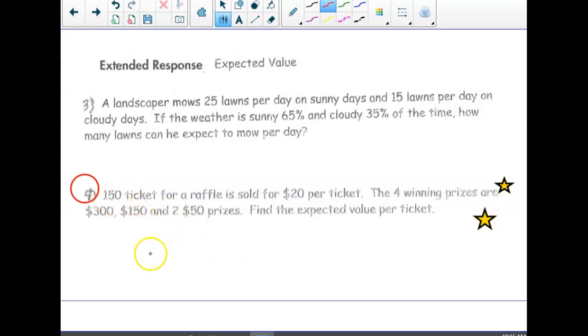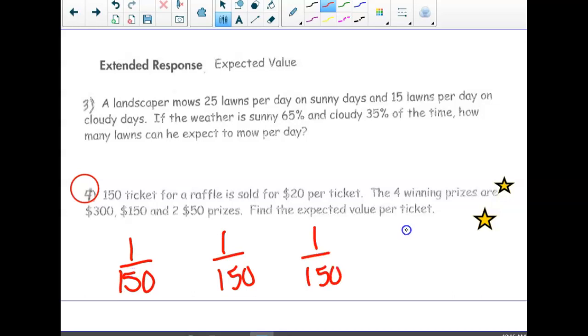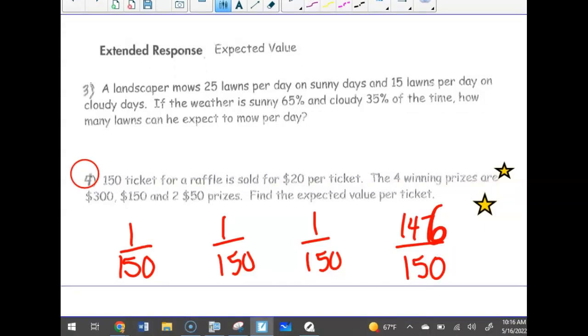150 raffle tickets. They're giving 4 prizes away. So 1 out of 150, 1 out of 150, 1 out of 150. And the other 147 out of 150 are losers. Nope, just kidding. 146, because there's 4 winners. Man, I can't get this right. Okay. $20 tickets. So these guys all lose 20 bucks.